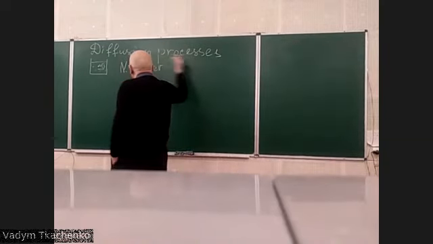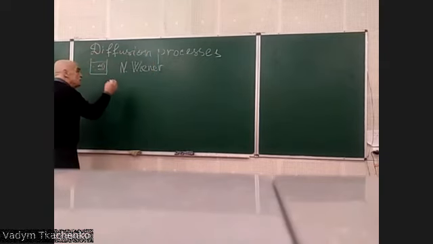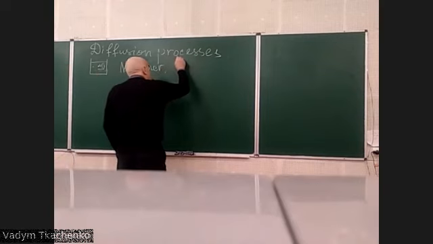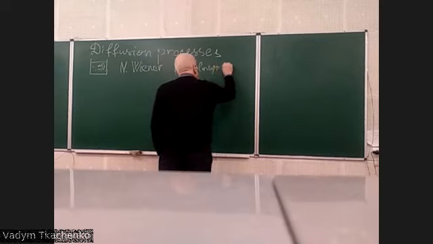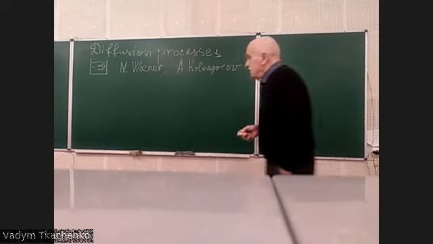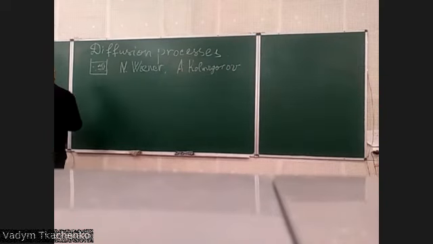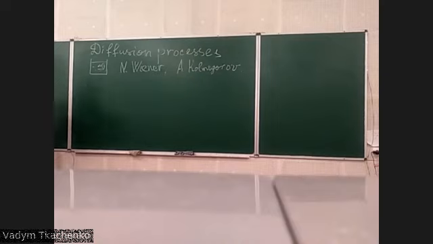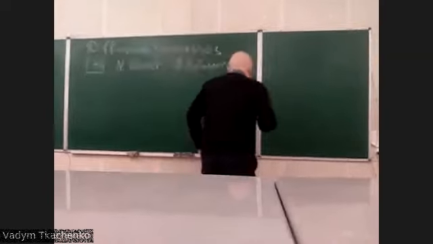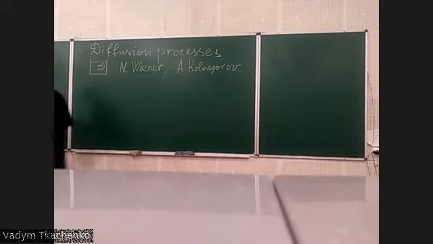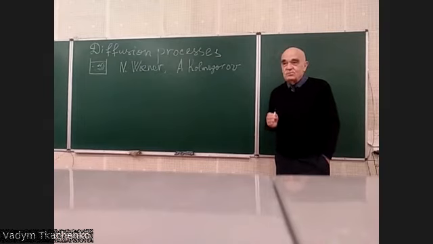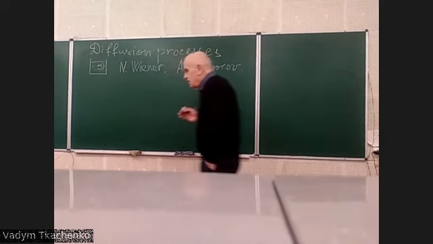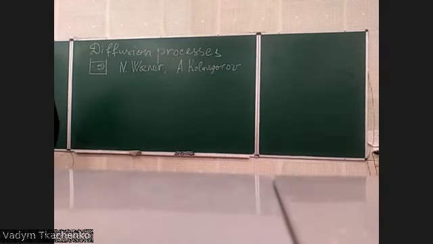The next step in the development of this theory of diffusion processes is connected with the name of Andrei Kolmogorov. He published at the beginning of the 1930s an article, published in German, whose title was Über die analytische Methoden in der Wahrscheinlichkeitsrechnung.